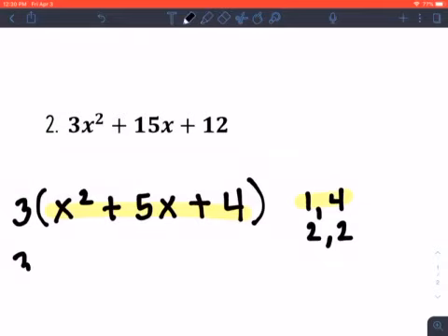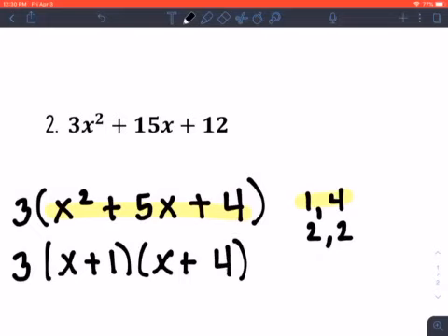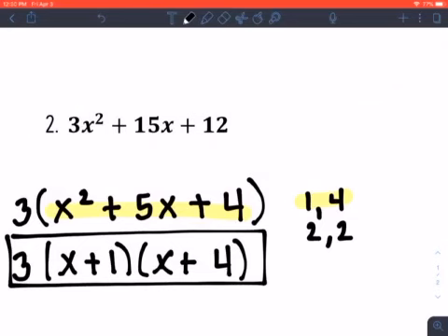I carry down that GCF, that's very important, and I write 3 times the quantity x plus 1 times the quantity x plus 4. Remember, I could put x plus 4 first and then the x plus 1, because multiplication is commutative. I can write it in either direction. That 3 has to carry down because it's still an important part of my final answer.